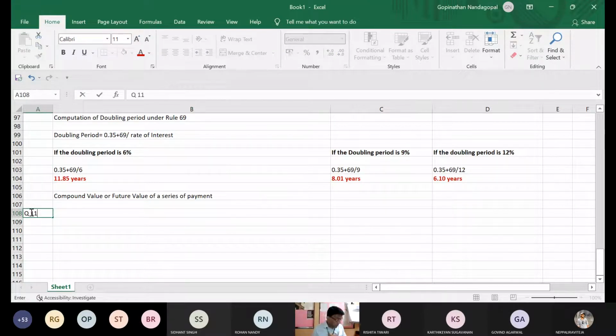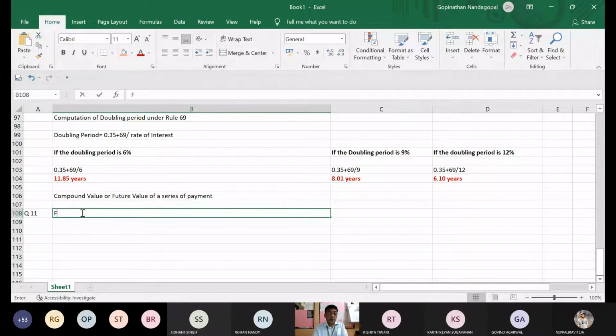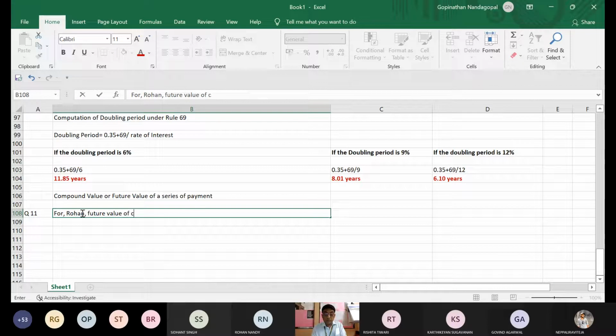So here, you write for Rohan, future value of a single cash flow, is equal to, just listen, apply the formula, just see the sheet.